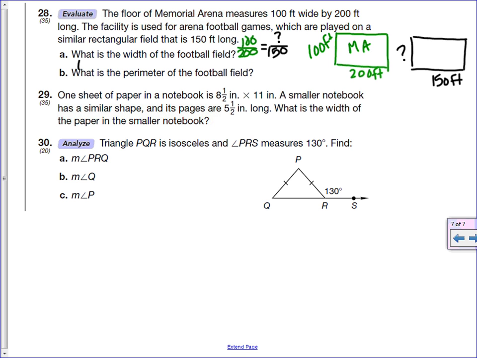So we would have 100 times 150 divided by 200. 100 times 150 would be 15 with 3 zeros at the end. And then we would divide that by 200. So we can knock off those zeros. So 150 divided by 2 is 75.